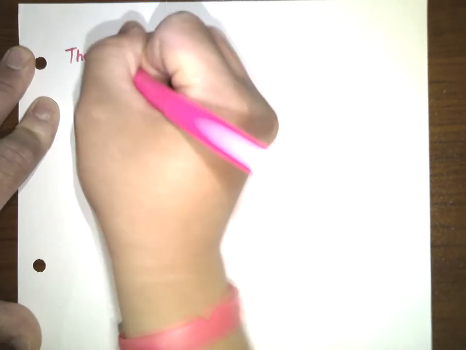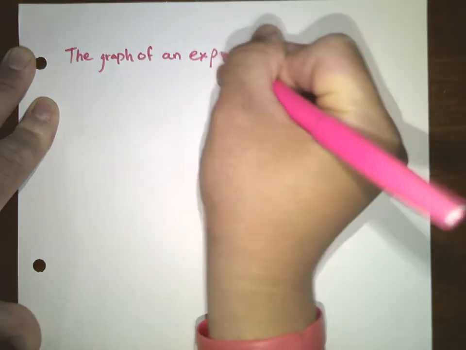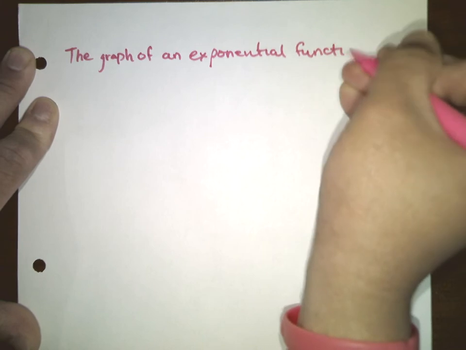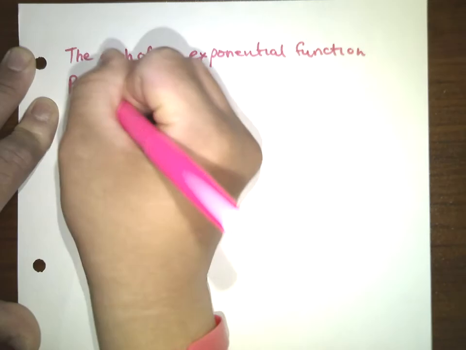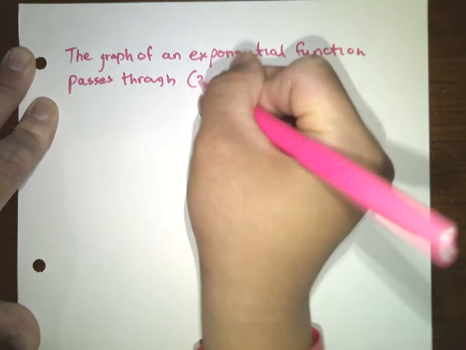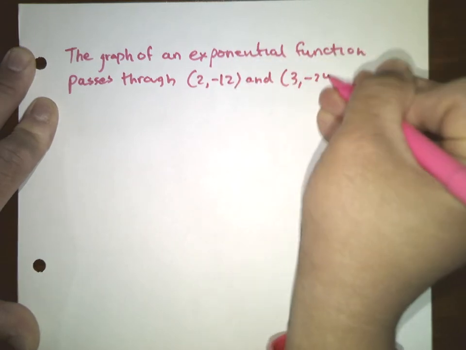So the graph of an exponential function passes through the points 2, -12, and 3, -24.